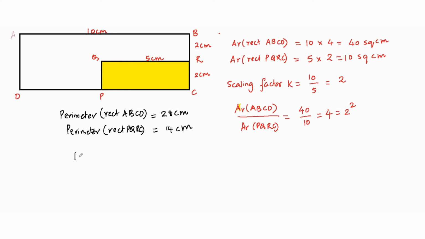And the ratio of their perimeters, perimeter of ABCD divided by perimeter of PQRC, will be 28 divided by 14, which is 2. Therefore, you will notice here that the ratio of perimeters is the scaling factor, whereas the ratio of the areas is the square of the scaling factor.